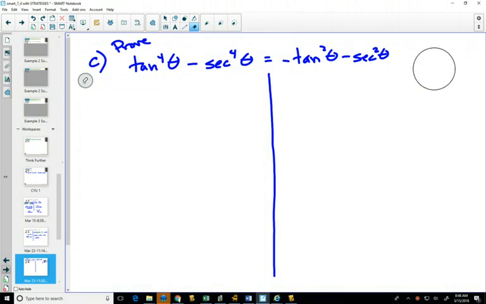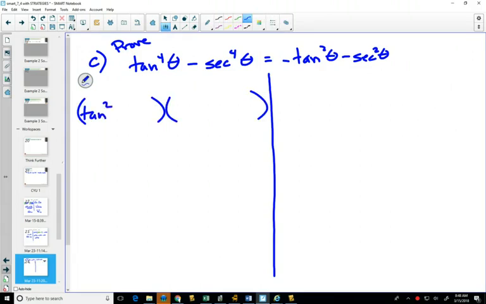And so we can write it as a difference of squares. And here I can write tan squared theta and secant squared theta, and one will be plus and one will be minus.